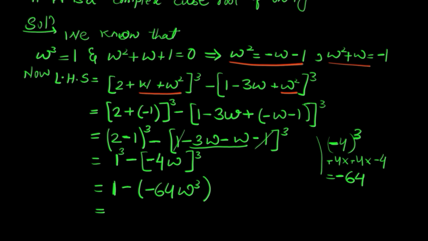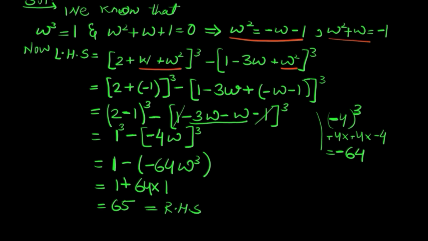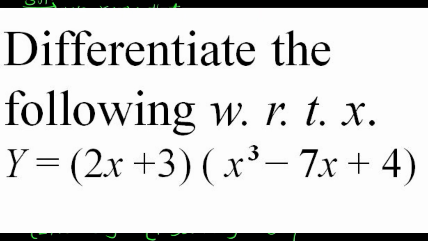We have to open the bracket: 1 minus minus 64, that is plus 64, but we also know that w cube is equal to 1. So the answer is 65, which is equal to the right hand side. Therefore, the final answer: left hand side is equal to right hand side.